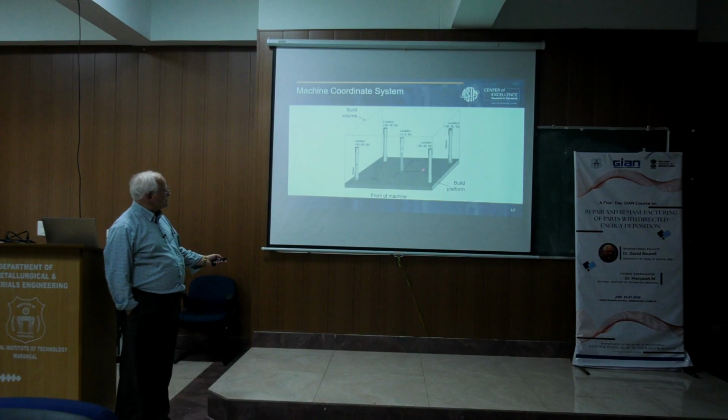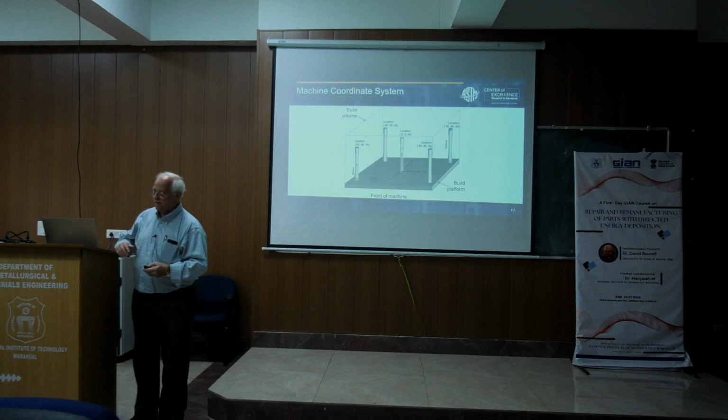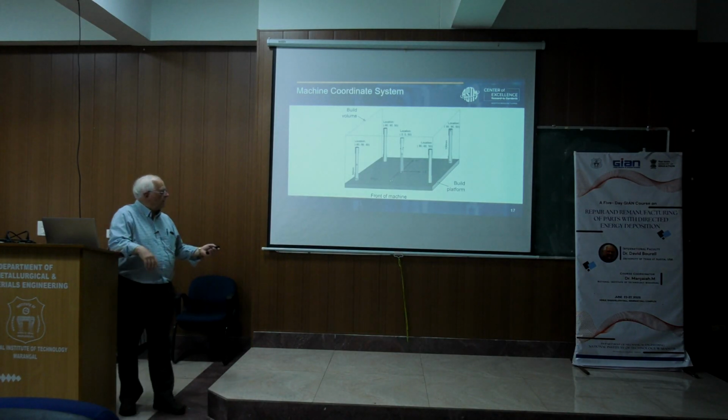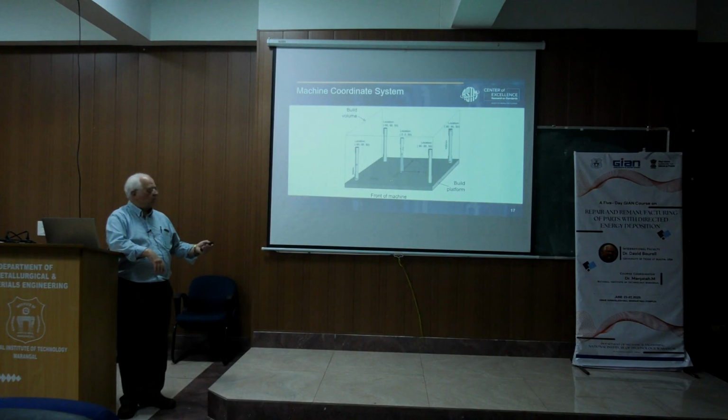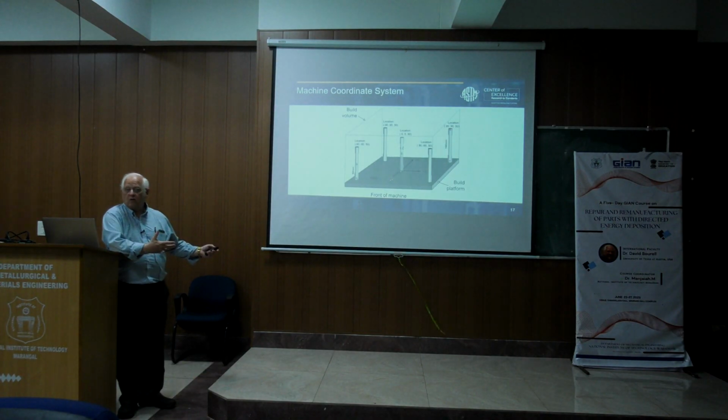We have our coordinate system here, x, y, z, and so the starting point for the orienting of parts is to orient the center of the part. For example, this part here, it's just the x, y, z coordinates of the center of the part.